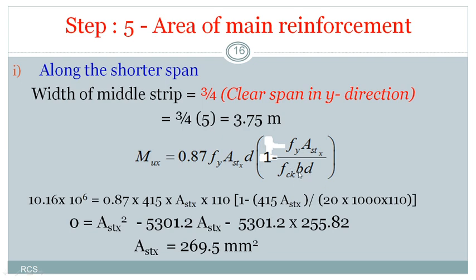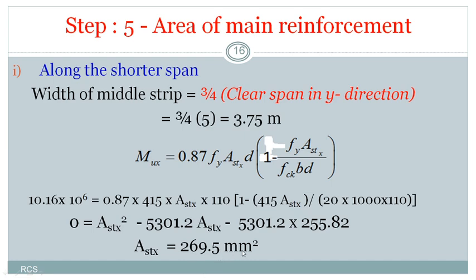As we are designing the slab for 1 meter width, b is 1000 mm, and the effective depth given is 110. If we simplify this, we will get a quadratic equation in terms of Ast squared. That quadratic equation is 0 = Astx² - 5301.2 Astx + 5301.2 × 255.82. If we simplify this equation, we will get the area of steel along the x direction in the middle strip region as 269.5 mm².